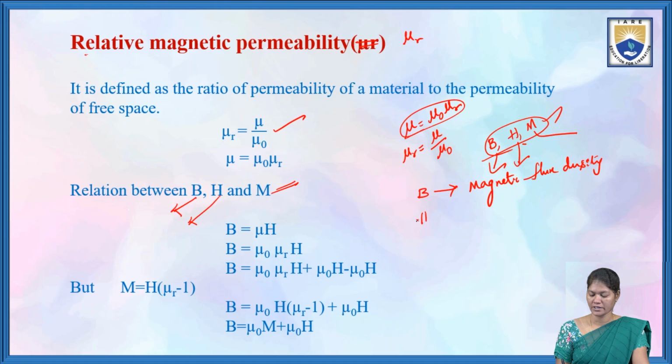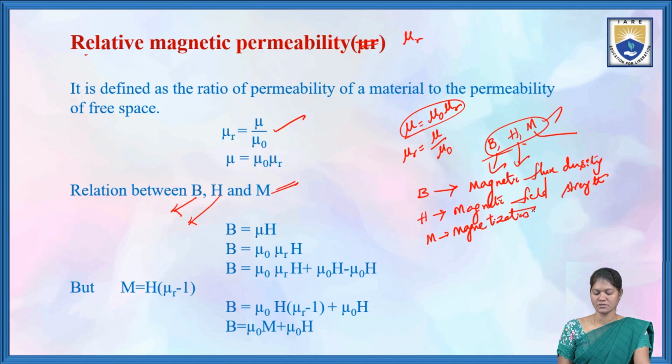H is the magnetic field strength and M is the magnetization. Now we shall see the relation between B, H and M.